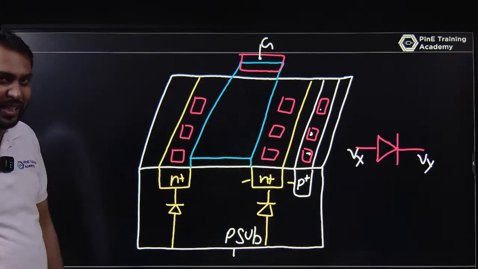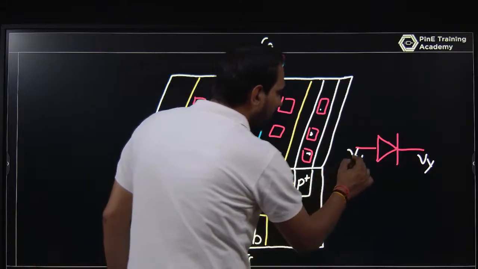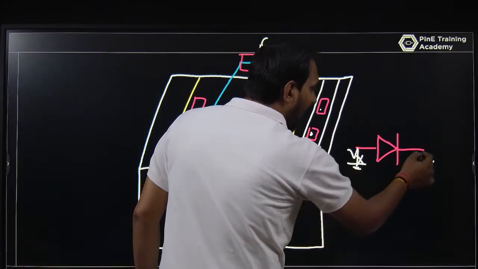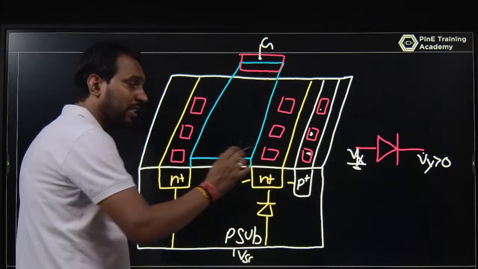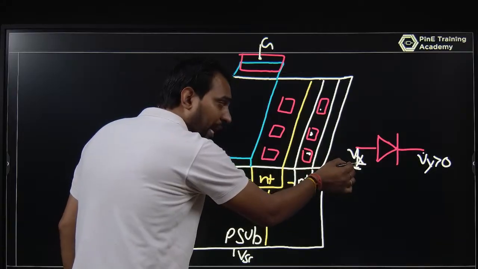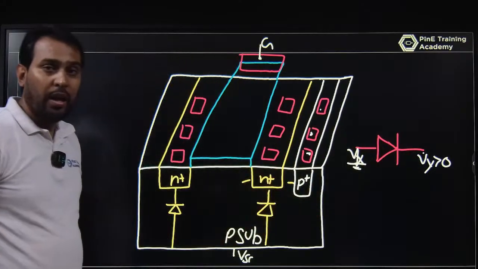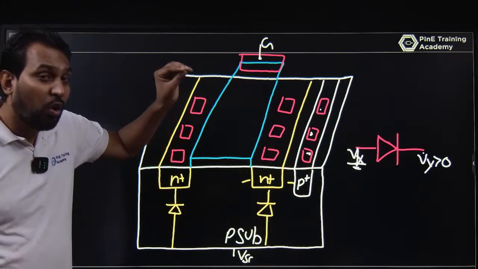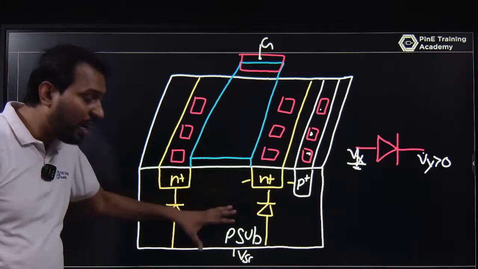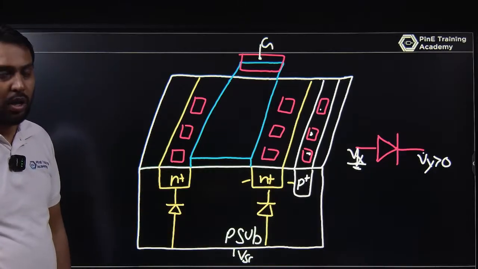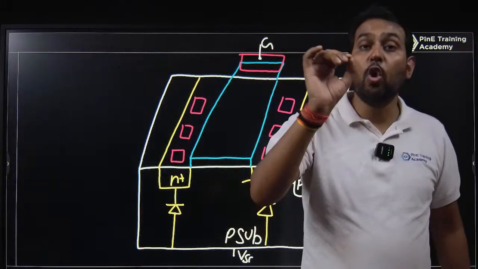Let this be VSS, which means ground, and the other side can be anything greater than 0. So this diode is always reverse biased, which means there is no current in the body. So in NMOS, we always prefer the body at a lower potential.